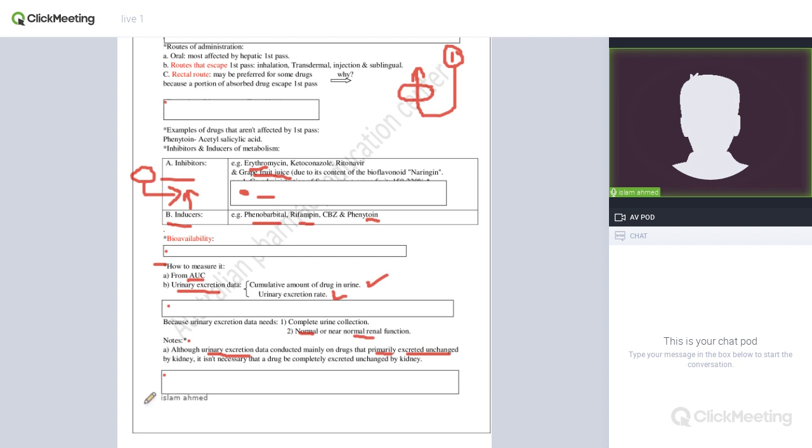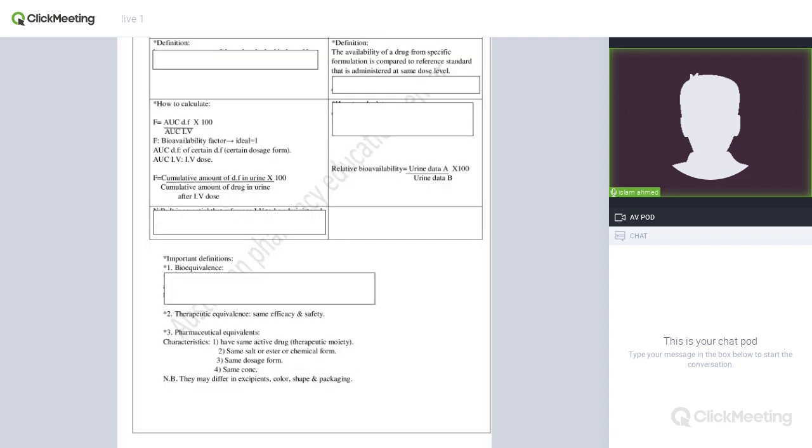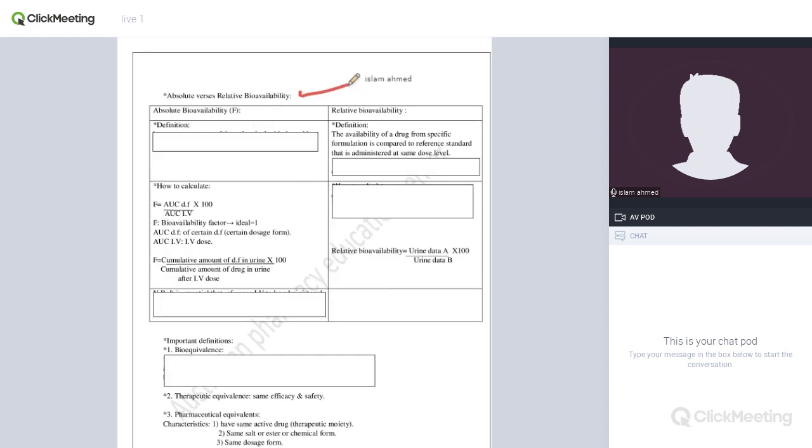Absolute. Okay, let's go then. Absolute and relative bioavailability. What's the absolute bioavailability? It's the comparison between the amount of drug absorbed and the standard amount present in the blood.